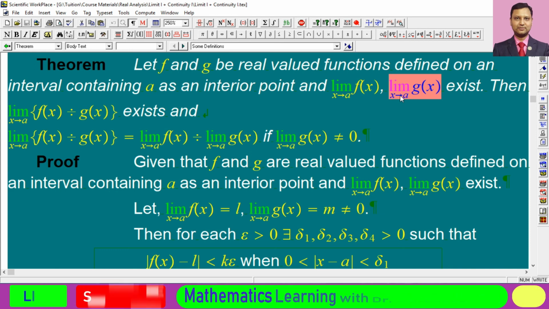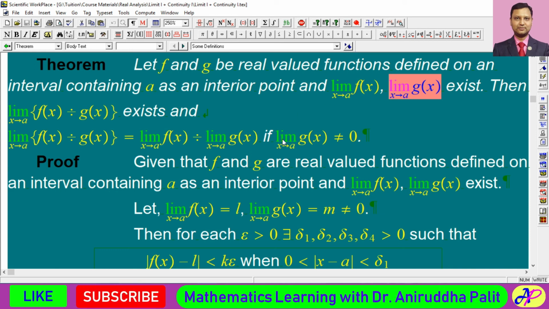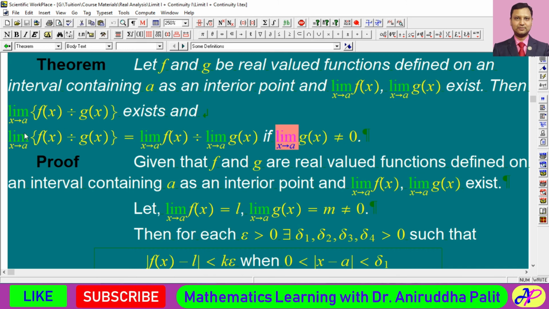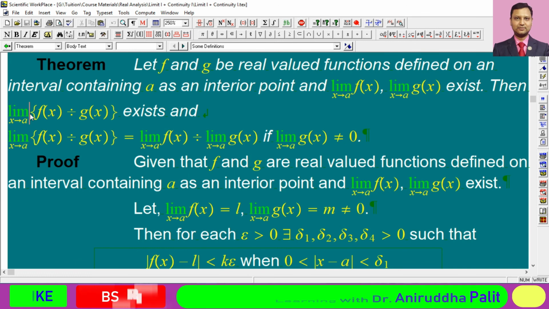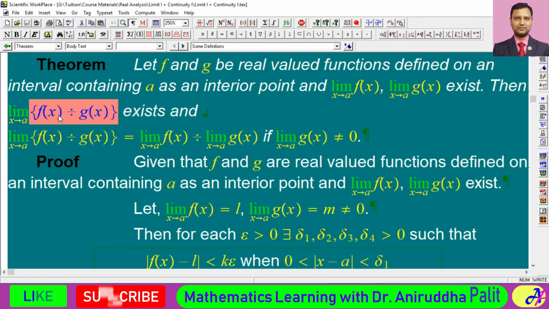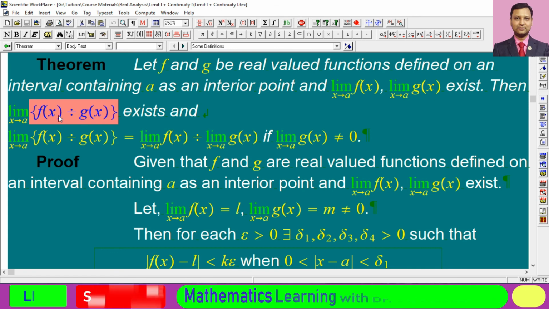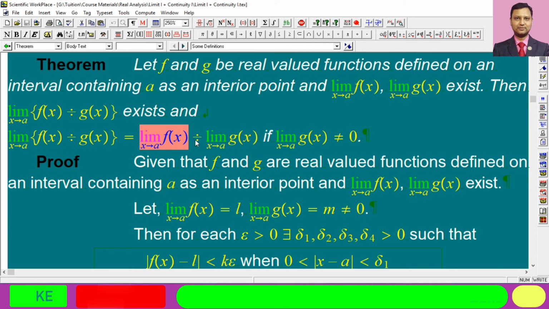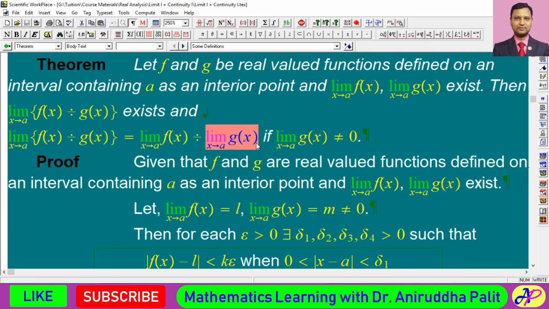In that case, we can prove that the limit as x tends to a of fx divided by gx exists, and this limit is equal to the limit of the first function divided by the limit of the second function, provided the limit of the second function is not equal to 0.